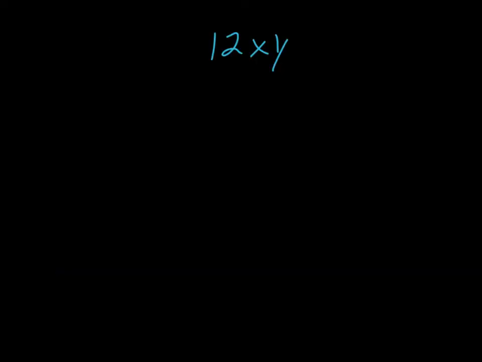If I'm asked to find the prime factorization of a problem, something like this, here's how I do that. So I'm going to split up the 12 and the variables x, y. Now these just split up x and y. And now I just go to my 12. Okay? So I could do 3 times 4.